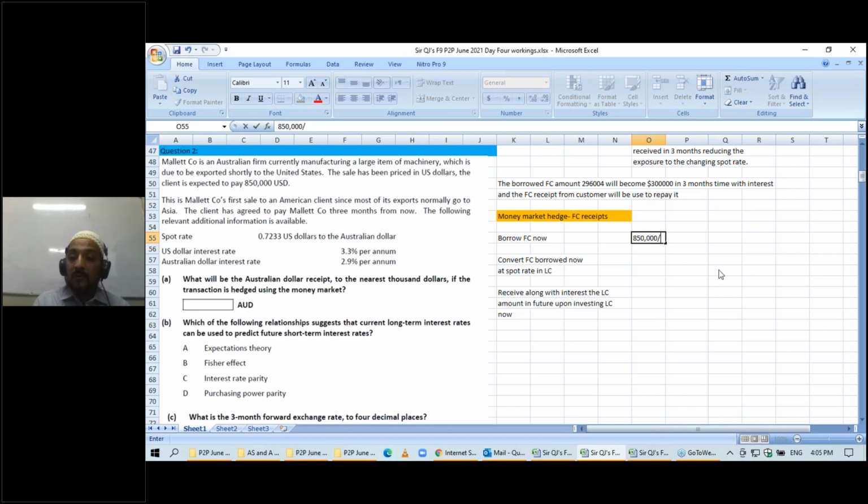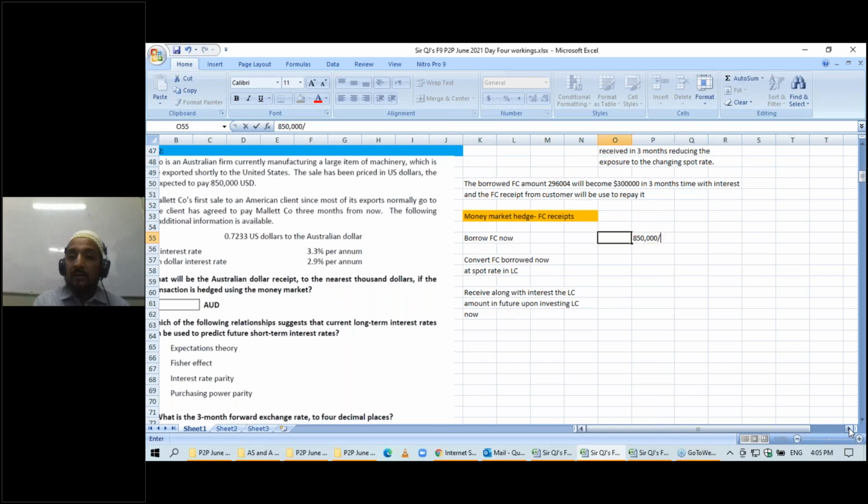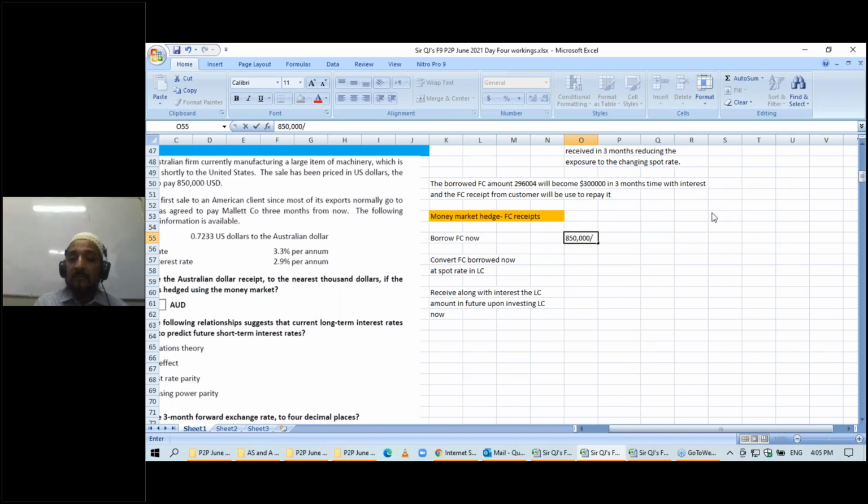So first we have to calculate the rate at which we have borrowed. We have borrowed the money for 3 months because the currency is going to be received in 3 months time. So we'll calculate the present value for 3 months time, right?